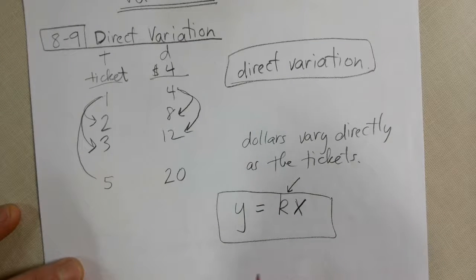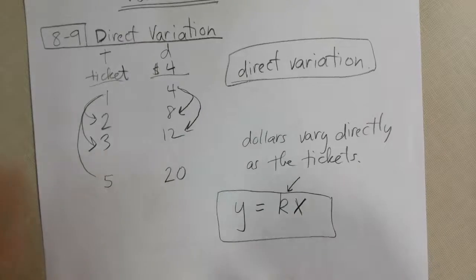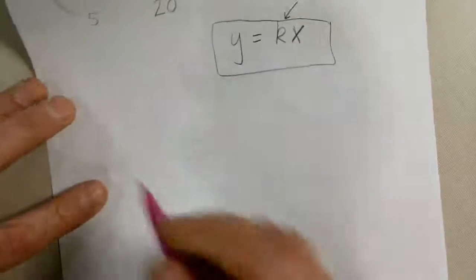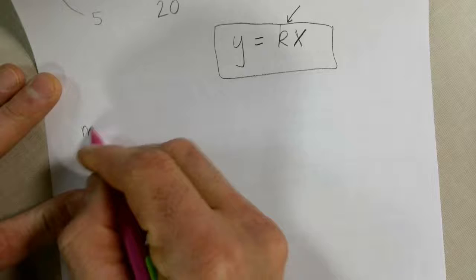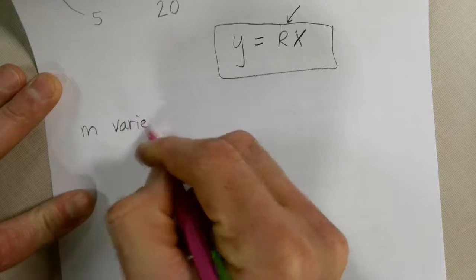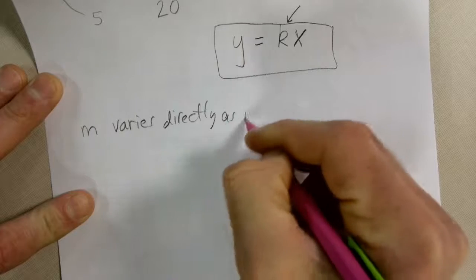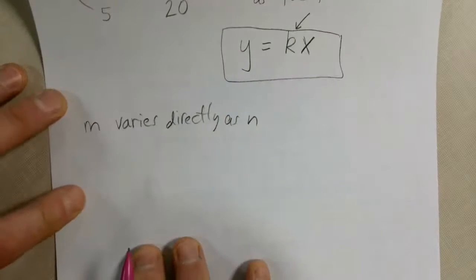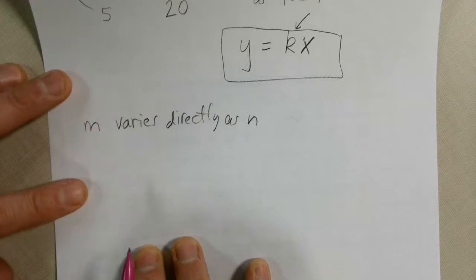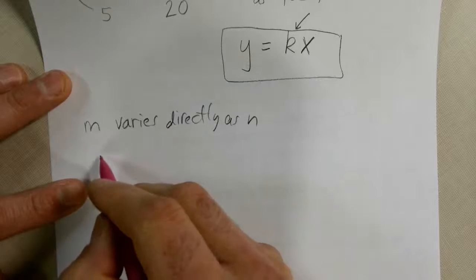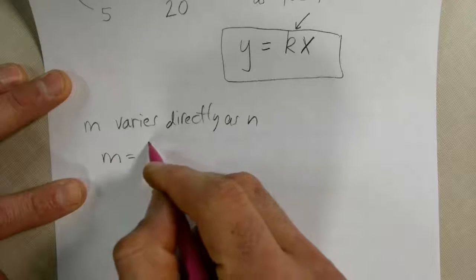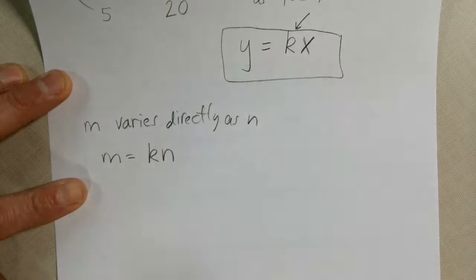Let's do a little example. Suppose I say that M varies directly as N. What that means is that M is equal to something times N. You can immediately make an equation.